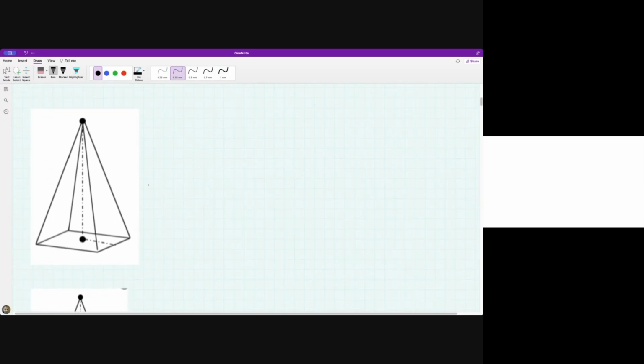What type of shape is this? Makes me think a little bit about Egypt.